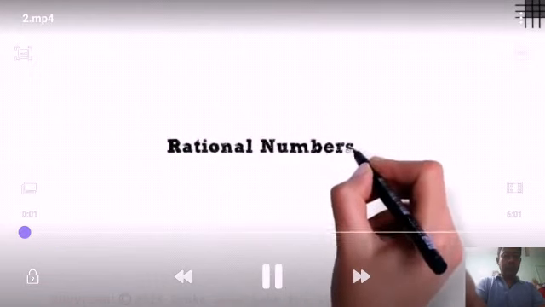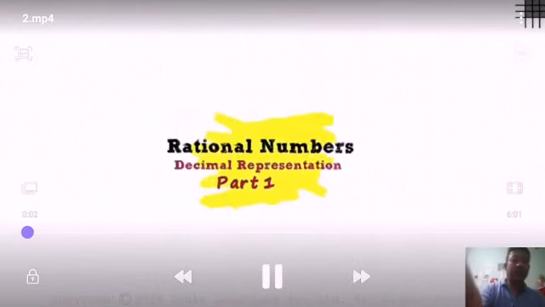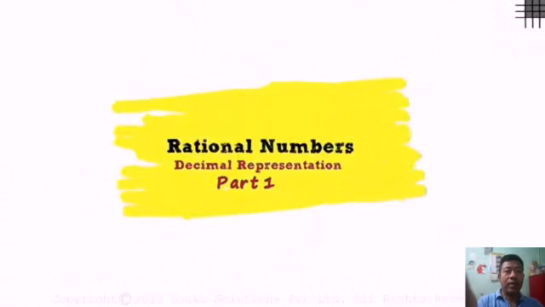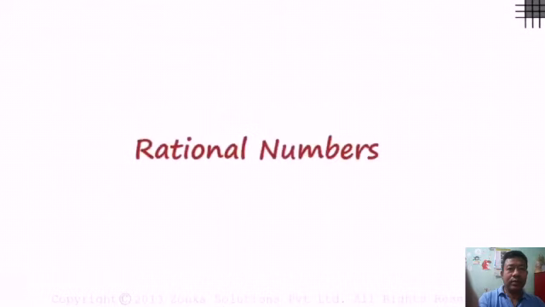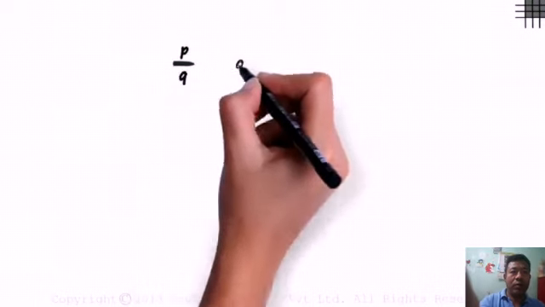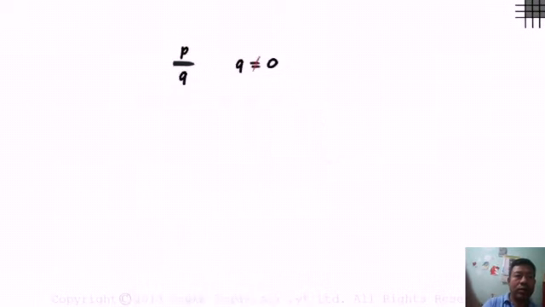Here, let us see how a rational number can be expressed in decimal form. First of all, let us understand what rational numbers are. Rational numbers are the numbers that can be expressed in the form of p by q, where q is not equal to 0, and p and q are co-prime integers.